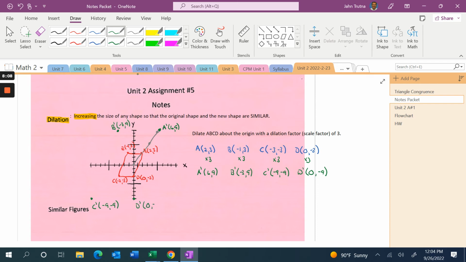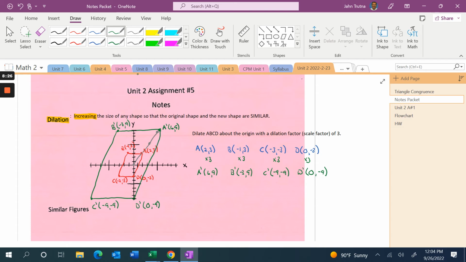Okay? And then you can see when I connect the points, A to B prime, B prime all the way down here to C prime, C prime to D prime, and D prime back up to A prime.